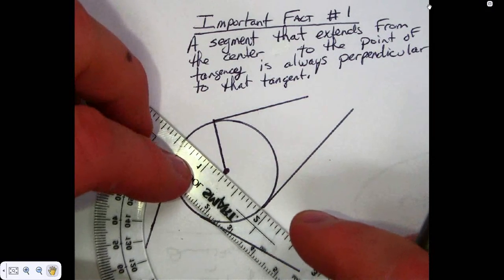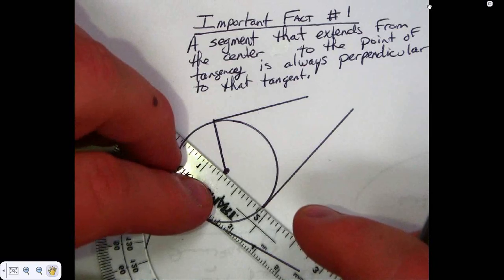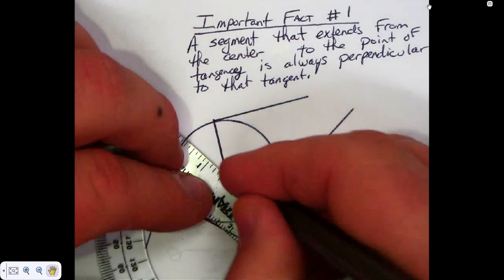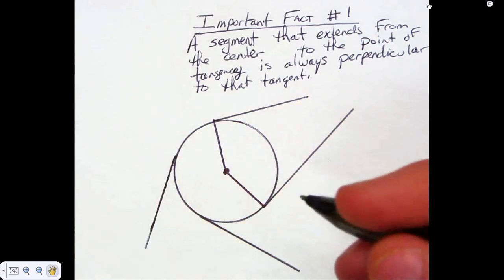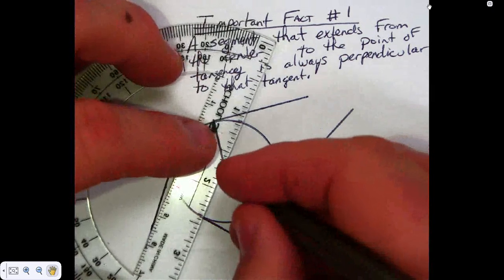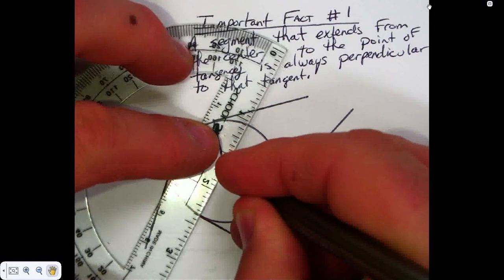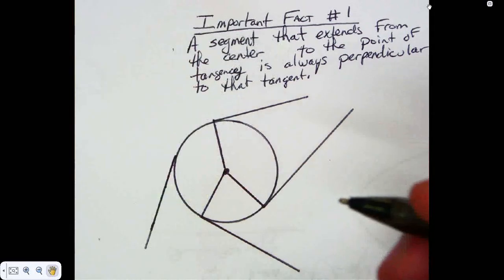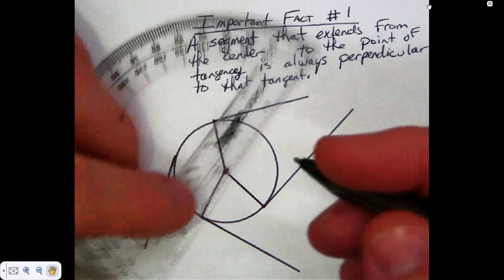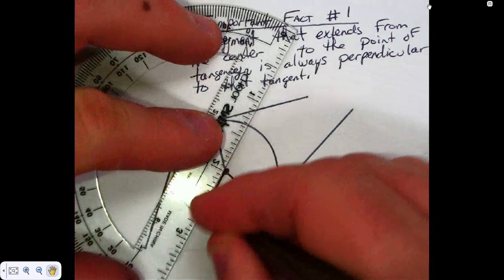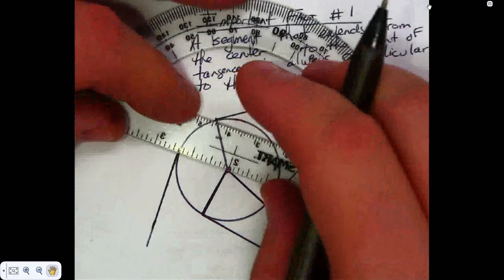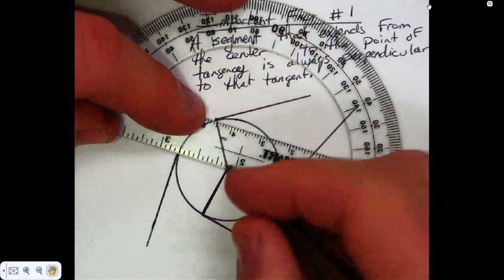So what about this tangent over here? What should happen? Does it seem as if it does? Okay. What about this tangent over here? Does it seem like it does? Well, that one doesn't look as good, does it? Just means I didn't do as good a job of drawing it. What about this one right here?